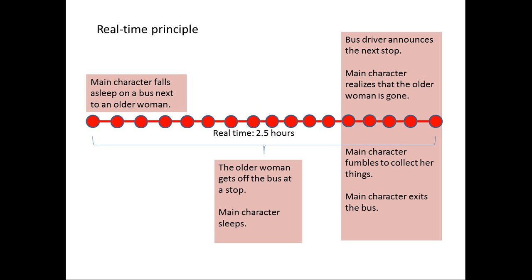And at the end of the series of events, the bus driver announces the next stop, the main character realizes that the older woman is gone, the main character tries to collect her things, and the main character exits the bus. Now, these pinpoints are of importance to the story, but since the writer has attempted to tell the story in real time, he has to write about what is going on in between the pinpoints as well.